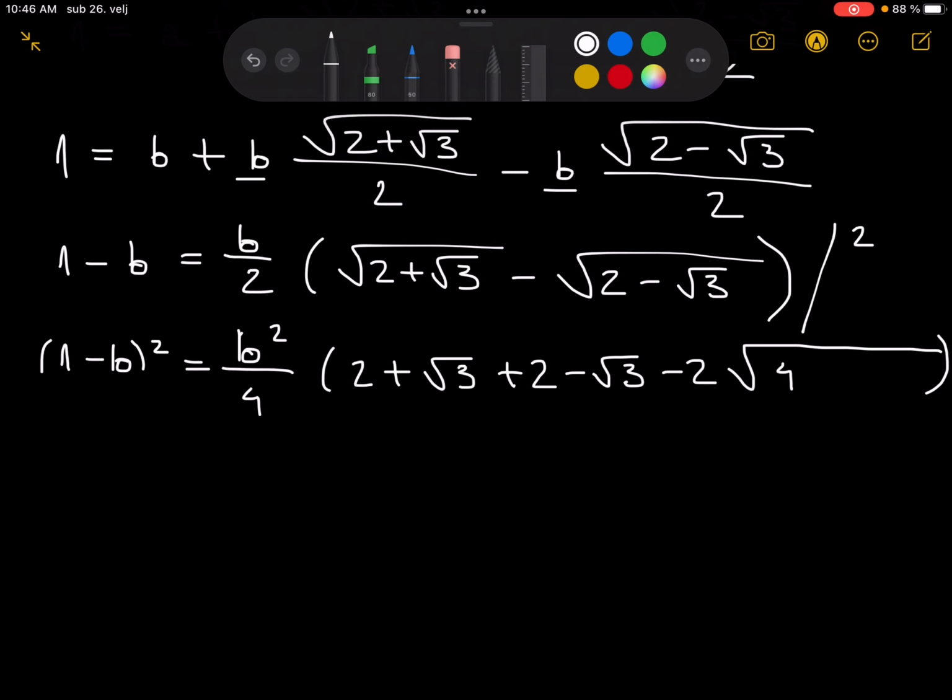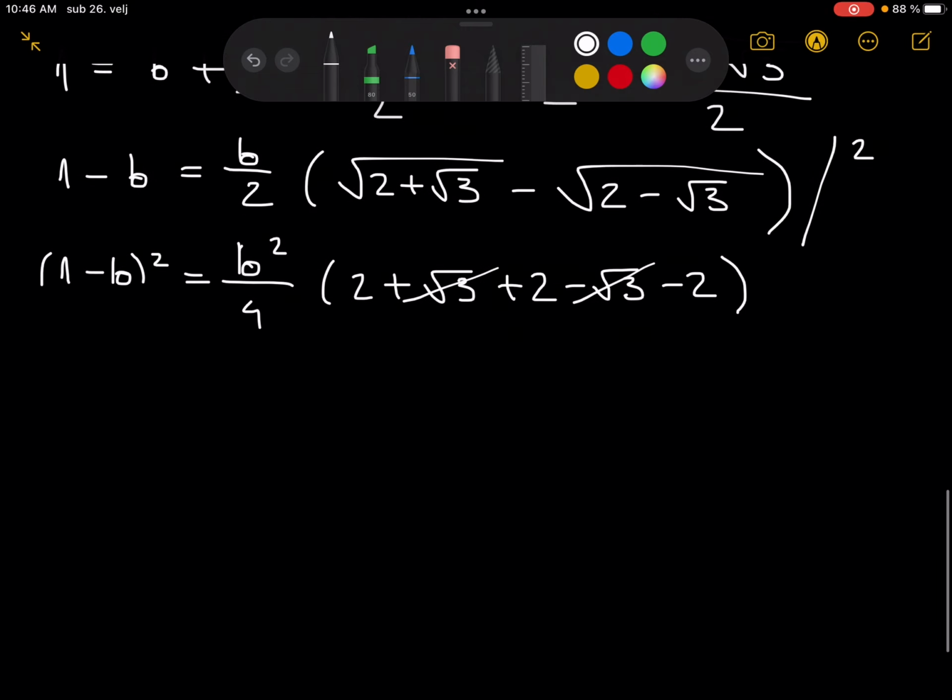So that's the difference of squares, and by using that formula, that's going to be 4 minus 3. And since this is 1, this entire quantity, I can just erase it. Okay, and the square roots cancel out very nicely. And here, we'll get 2 plus 2 is 4, minus 2 is just 2.